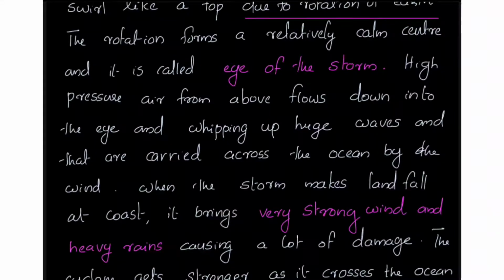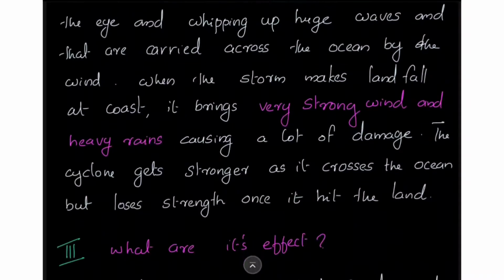And when the storm reaches the land, that is the coastal area, it brings very strong wind and heavy rains, and it is called the cyclone, causing a lot of damage. The cyclone gets stronger as it crosses the ocean. That is, across the ocean it is very strong, and it loses its strength once it hits the land.